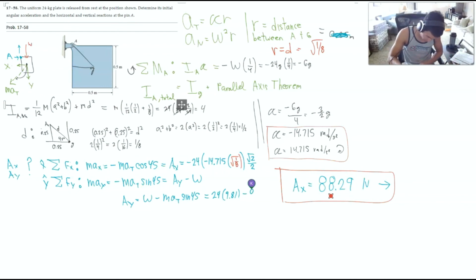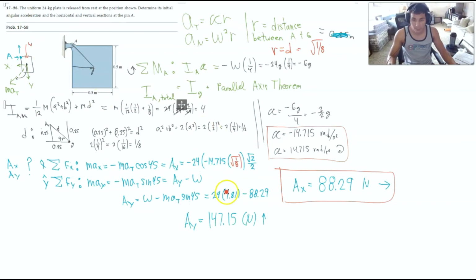So minus 88.29. And I'll put this in the calculator and tell you guys what AY is. Okay, so then AY is this. Here we go. That's AY. So that's a nice answer. And it shows that we're going to have a pretty large reaction upwards, right? Because we have gravity acting down on us. So we need a lot of force to counteract, right?